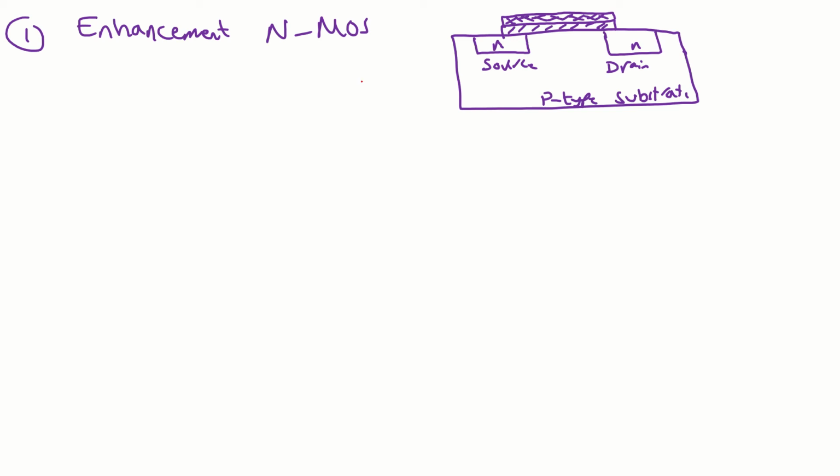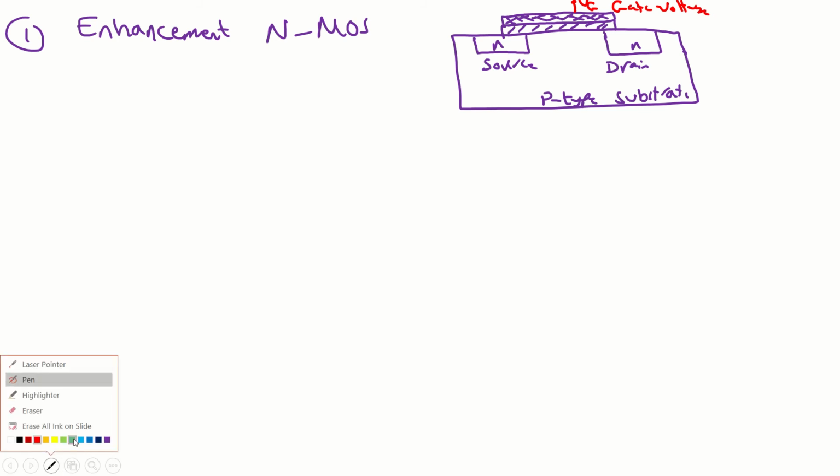We have here the gate, and I will be writing VG, the gate voltage. This is called VS, or source voltage.